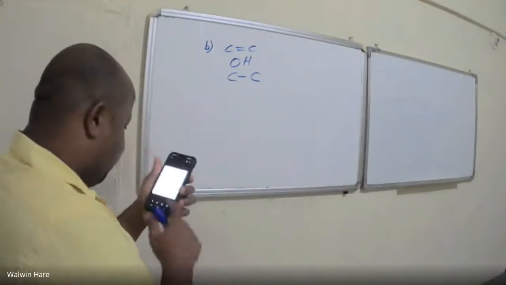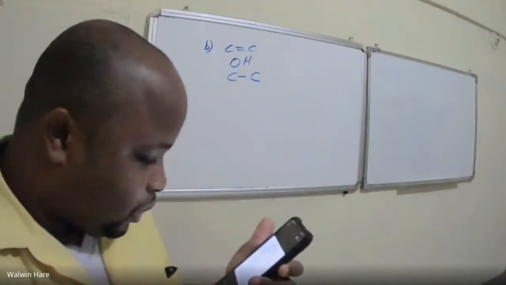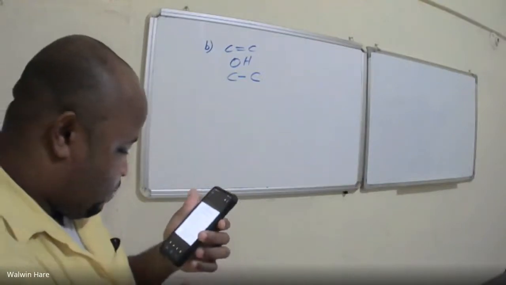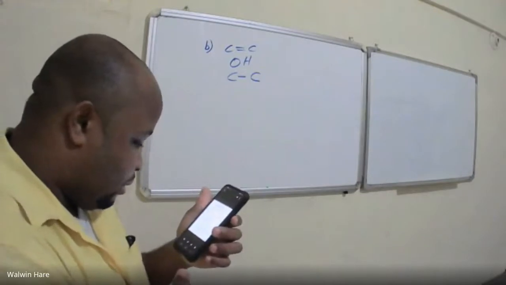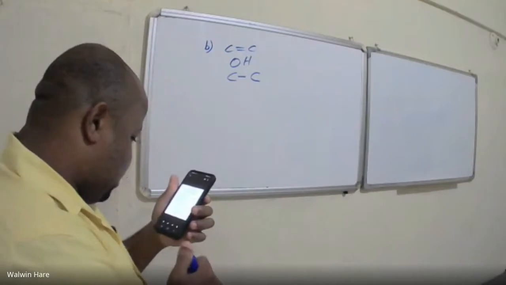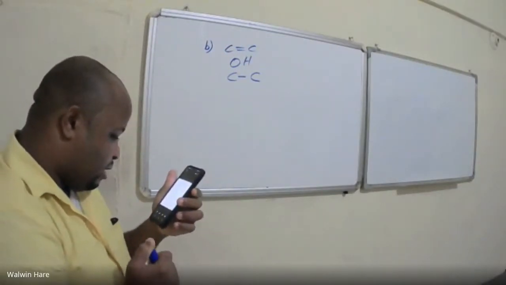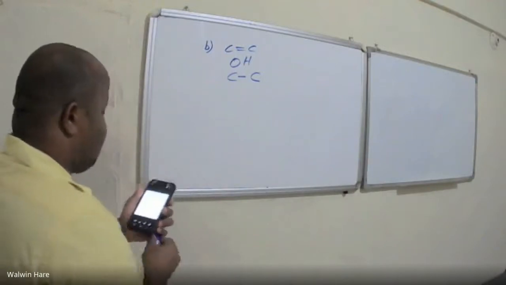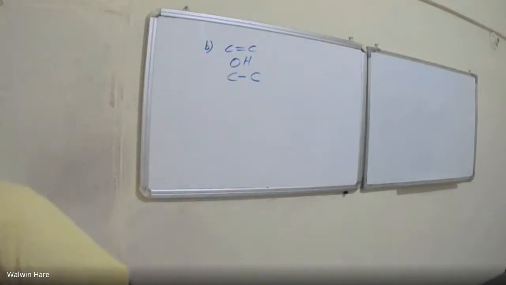So that's part B. So for part C now, it says A and B also show stereoisomerism. Draw the structural formula of A and identify the chiral carbon. I want you to try this one. So draw the structural formula of A and B and identify the chiral carbon. I'm going to do that on the board as well, but you can do it in the meantime.